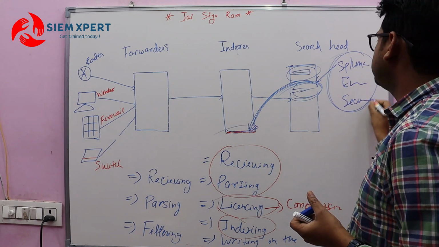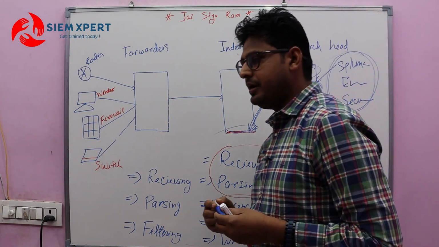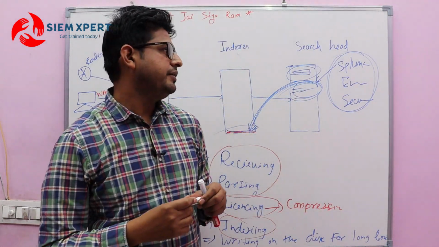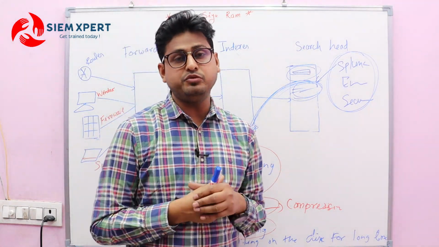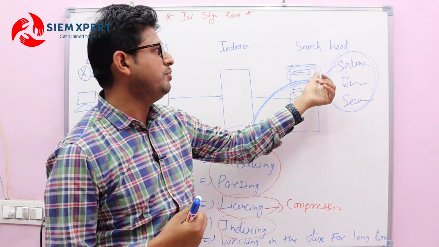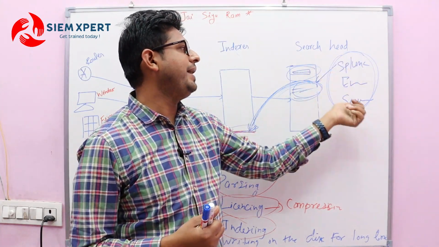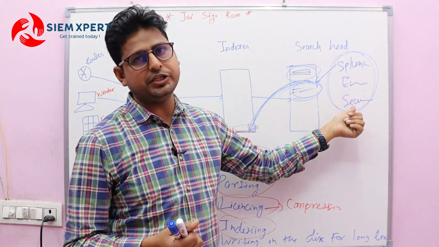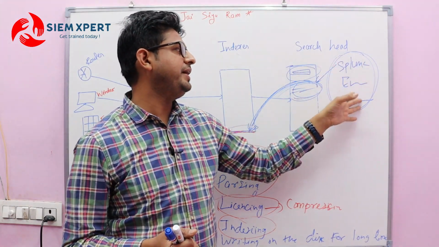So Splunk Enterprise Security is a premium app which enables real-time monitoring, correlation and alerting. From a SIEM perspective, people who work on Splunk SIEM monitor the environment 24/7 over the search head by selecting Splunk Enterprise Security. So real-time monitoring, correlation and alerting we actually do on Splunk Enterprise Security.